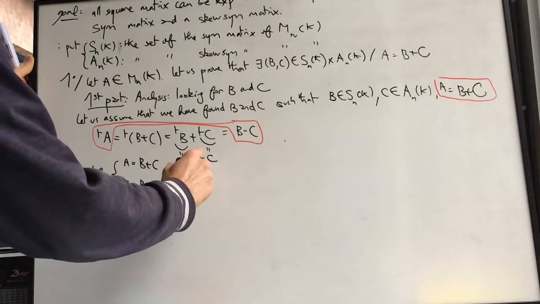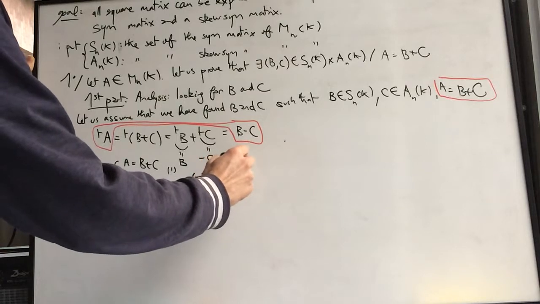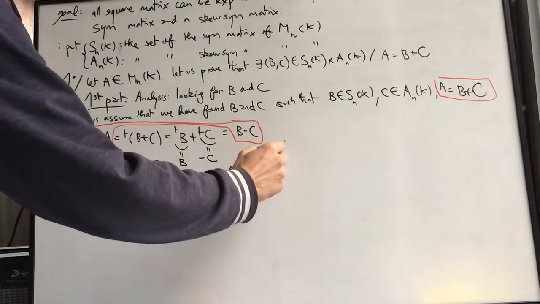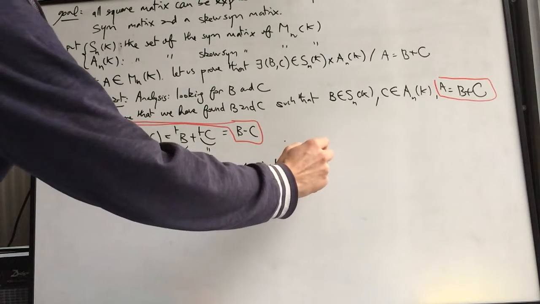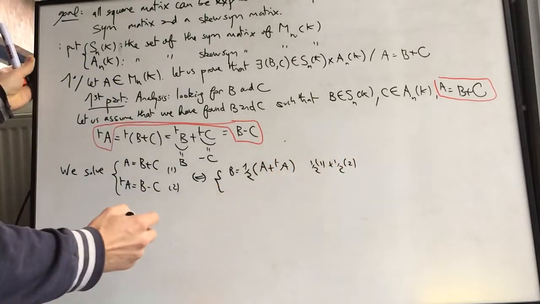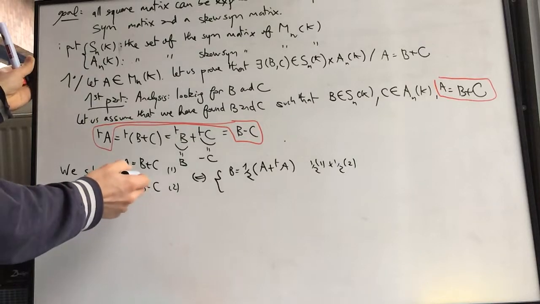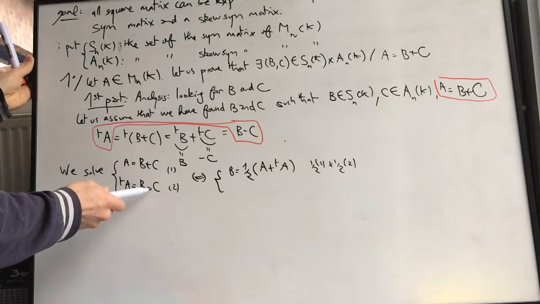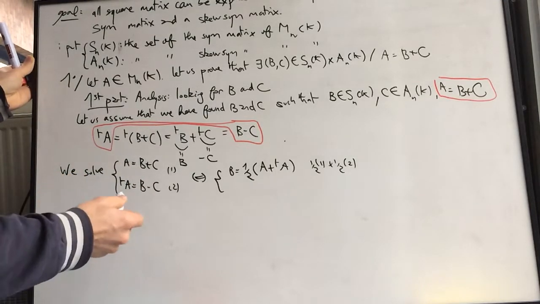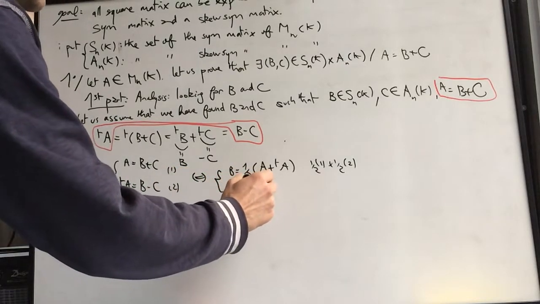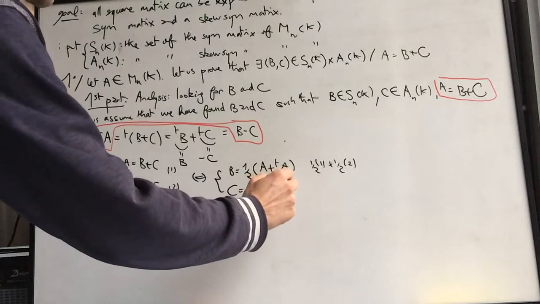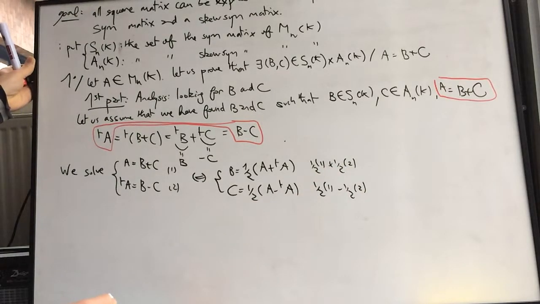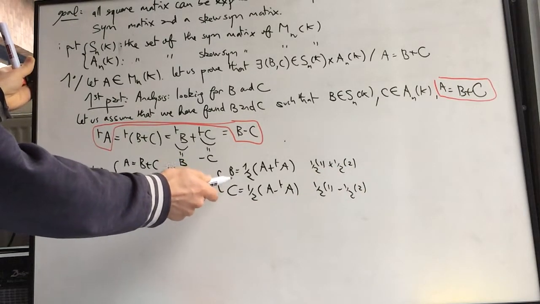So B is equal to 1 over 2 multiplied by A plus transpose of A. And if we subtract the two equations 1 and 2, we are going to get 2C is equal to A minus transpose of A, so C is equal to 1 over 2 multiplied by A minus transpose of A. And then we have got the expression of B and C.